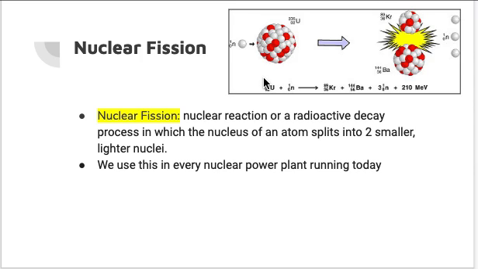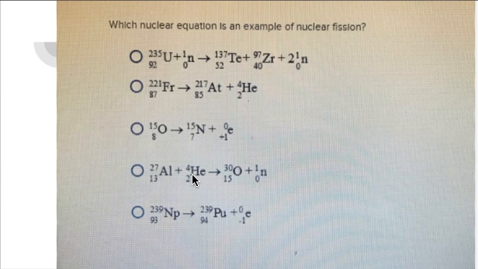Nuclear fission, again, is the opposite, where it's taking a large unstable nucleus, shooting a neutron into it, and releasing 2 smaller, more stable nuclei and more neutrons and energy. So, which nuclear equation is an example of nuclear fission?